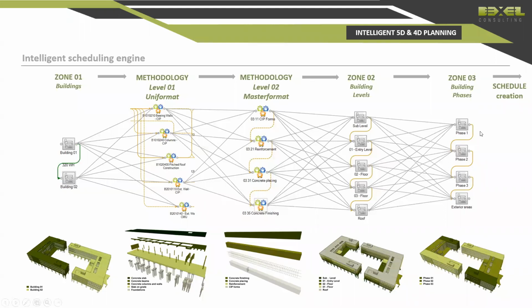If we added an additional zone, it means that we're going to have 5 multiplied by 5 levels and then multiplied by 4 phases.